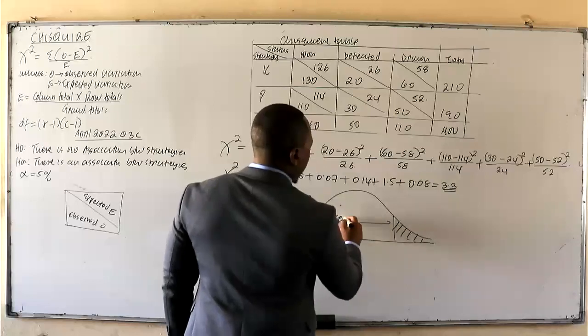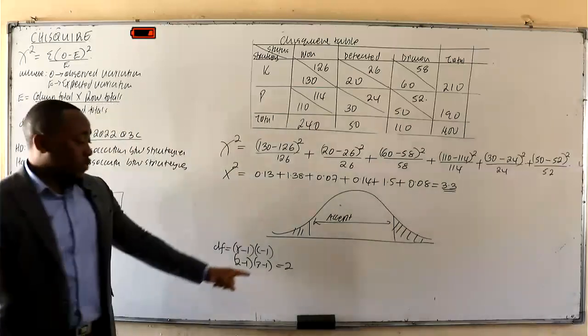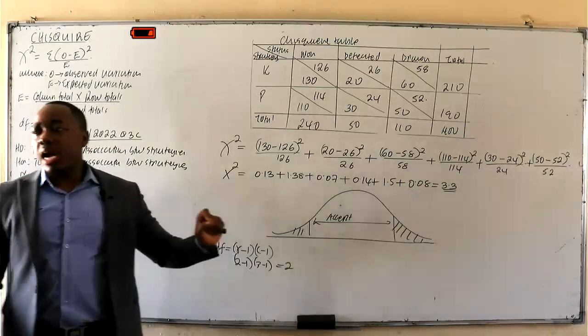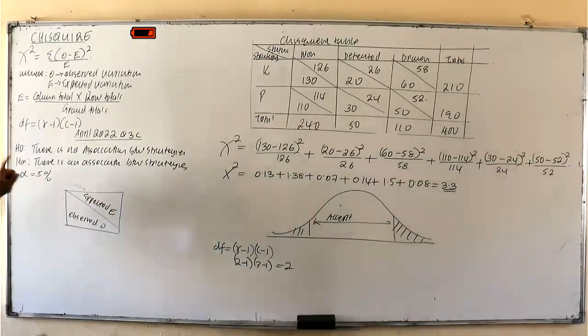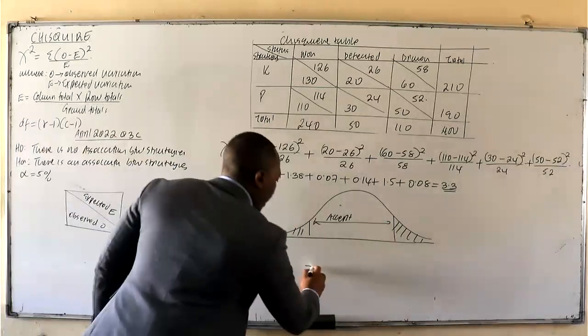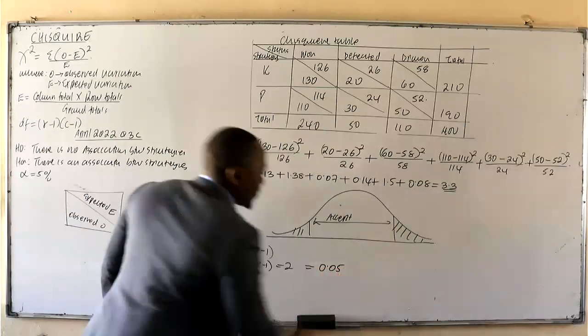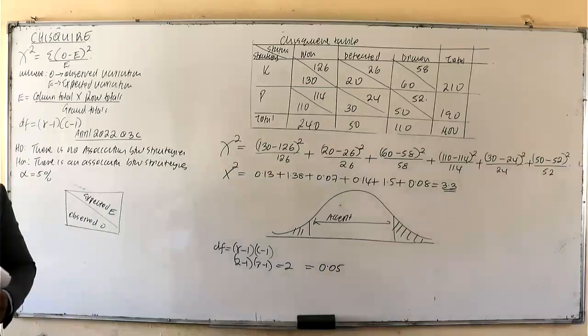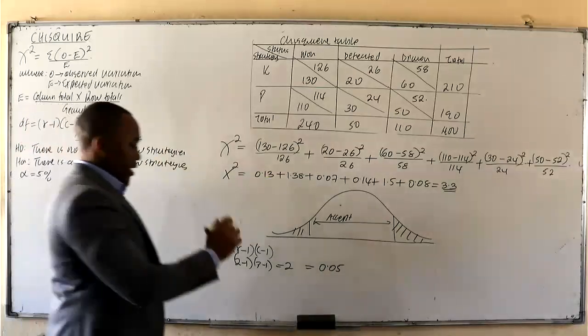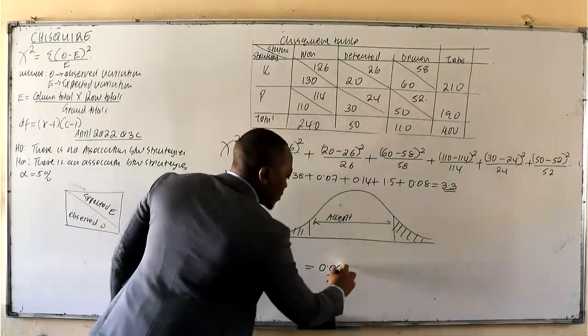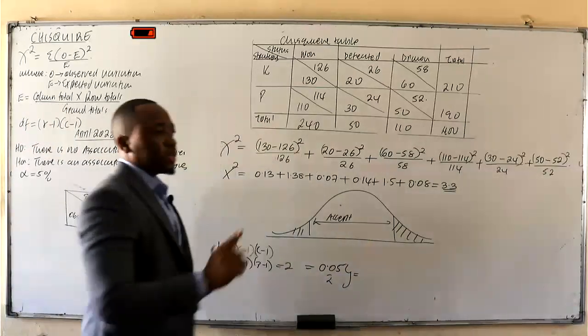Our degrees of freedom is 2, and we are testing at 5%. So for 5%, look at where we have 0.05, then where the degrees of freedom is 2, using the chi-square table.